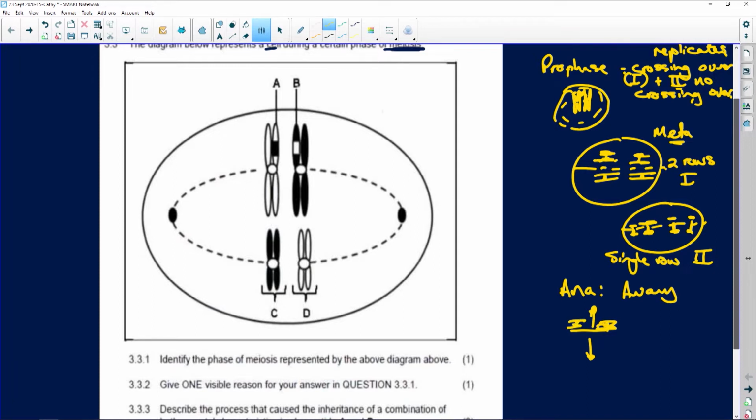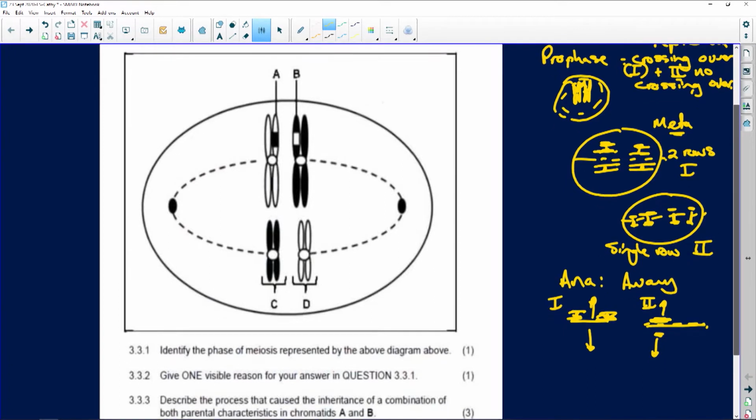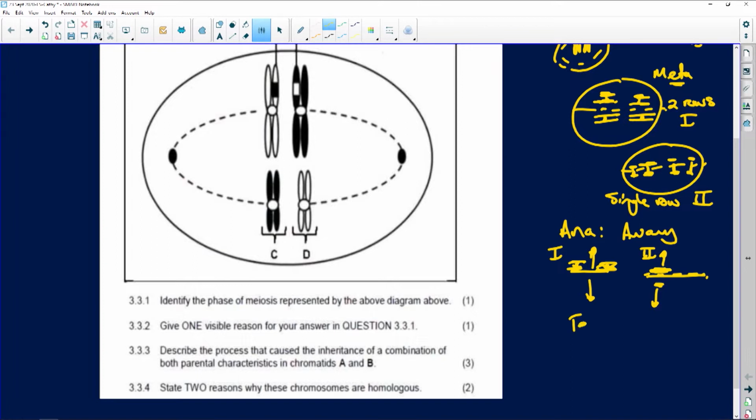That will be anaphase 1. In anaphase 2, you are going to have the chromosomes splitting, and they're going to pull to the poles. So here you've got whole chromosomes, here you've got at least a double chromosome, and here you've got your chromatids pulling through.